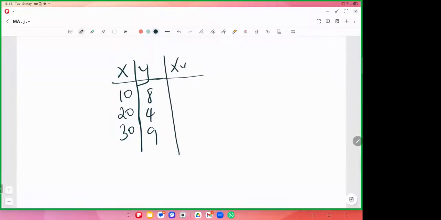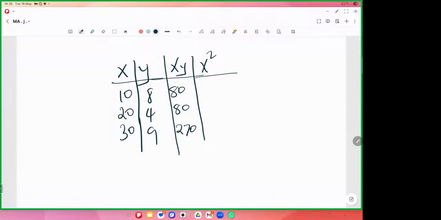So we have xy and x squared. For us to get regression, we'll need to add these 2 columns. So xy is 10 times 8, giving us 80. 20 times 4 gives me 80 as well, coincidentally. 30 times 9 gives me 270.